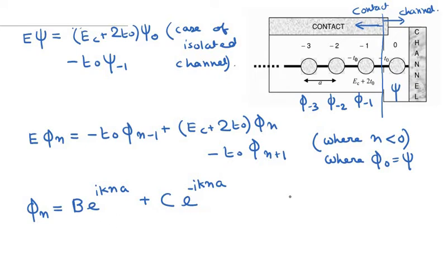If the time dependence is denoted by e to the power minus i E t by h bar, then this part basically forms the forward propagating wave.